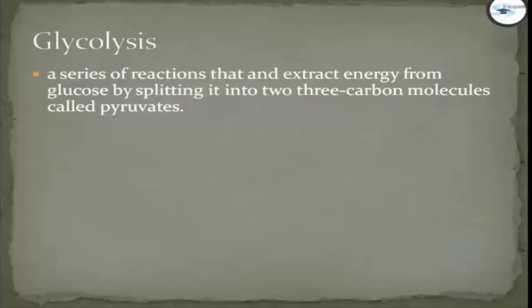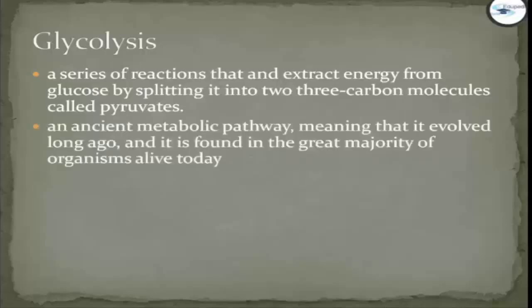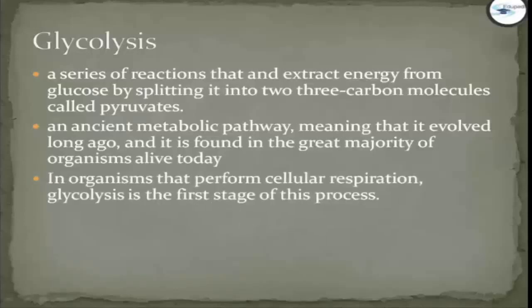Glycolysis is a series of reactions that extract energy from glucose by splitting it into two 3-carbon molecules, called pyruvates. It is an ancient metabolic pathway, meaning that it evolved long ago and it is found in the great majority of organisms alive today.